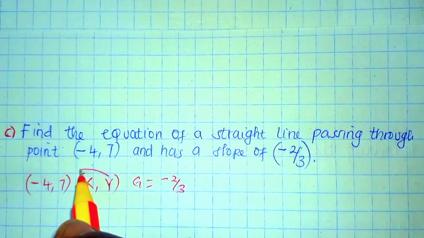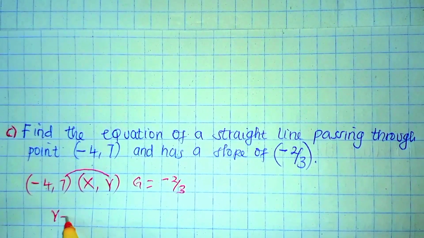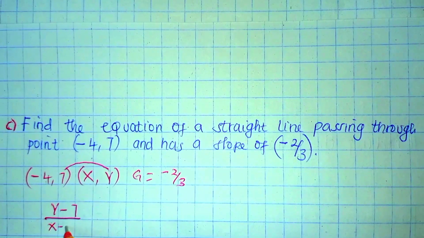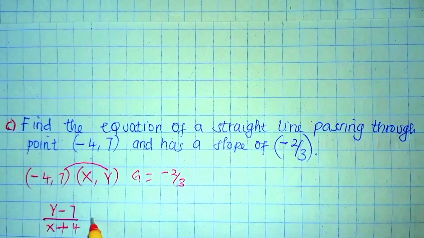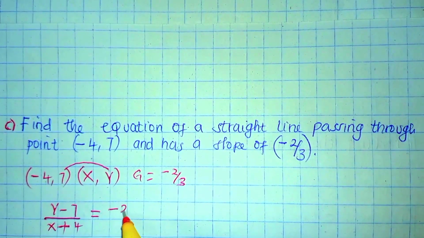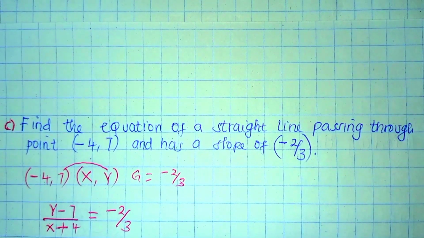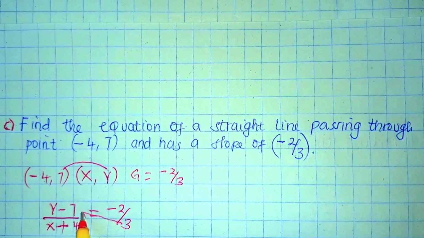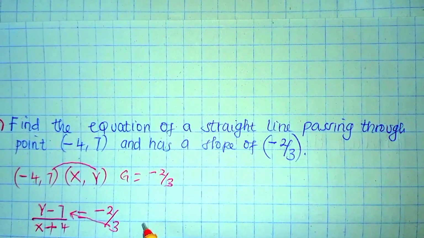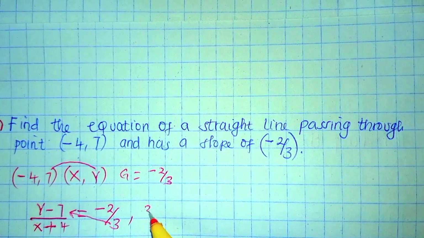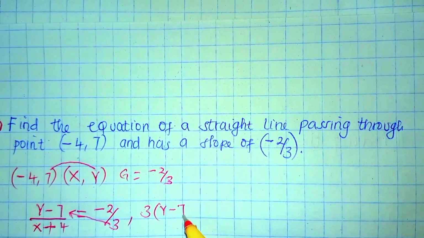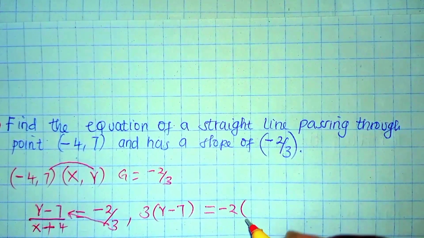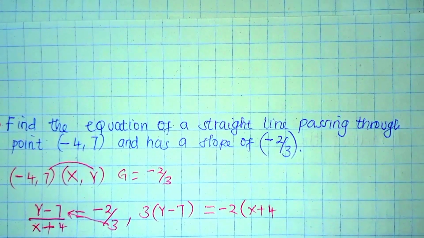So this will be y minus 7 over x minus negative 4, which becomes positive, equals the gradient, negative 2 over 3. Cross multiplying, 3 multiplies y minus 7 is equal to negative 2 multiplying x plus 4.